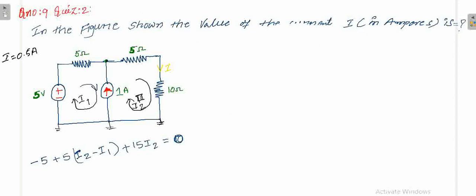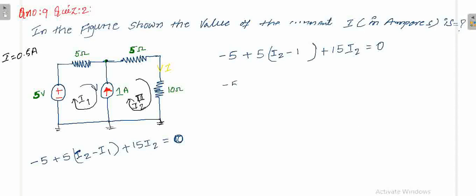We got minus 5 plus 5 into I2 minus 1 plus 15 I2 is equal to 0. I2 minus 1, not I1, I2 minus 1.